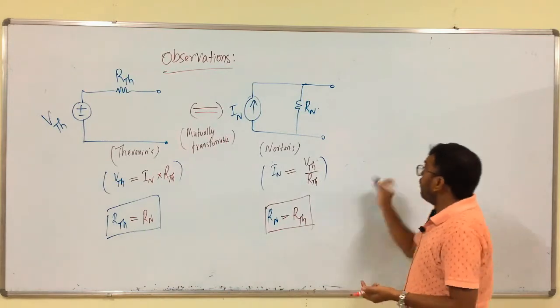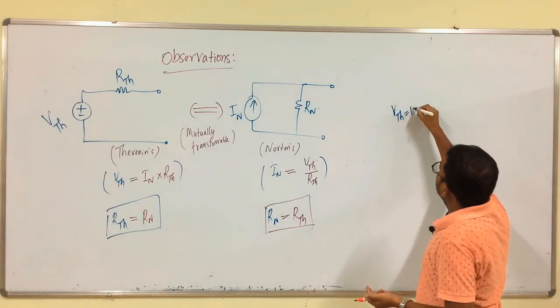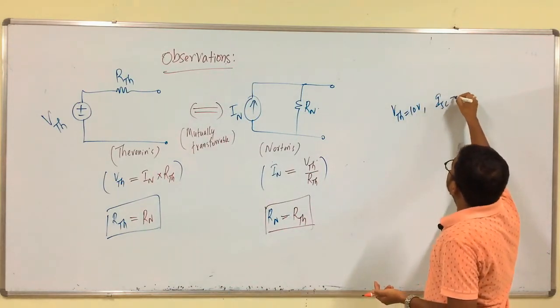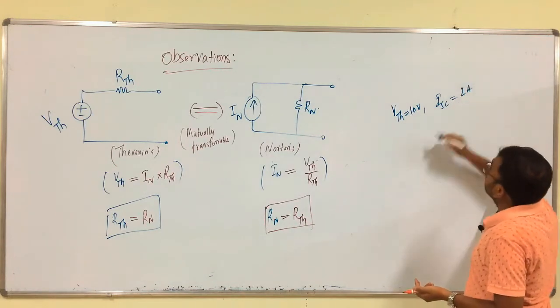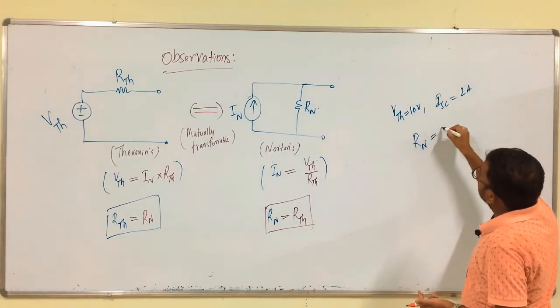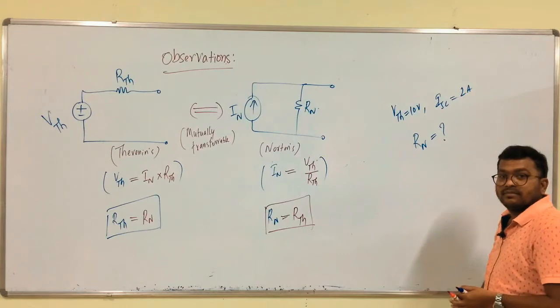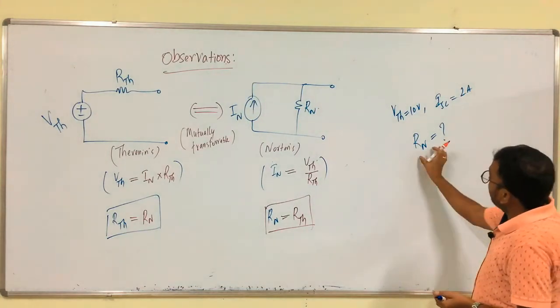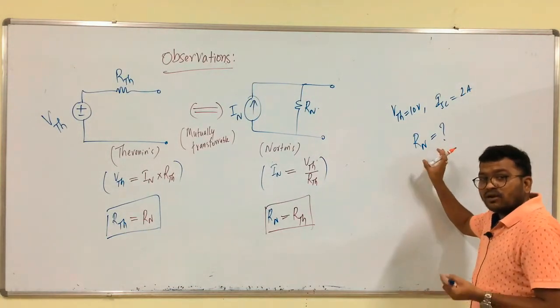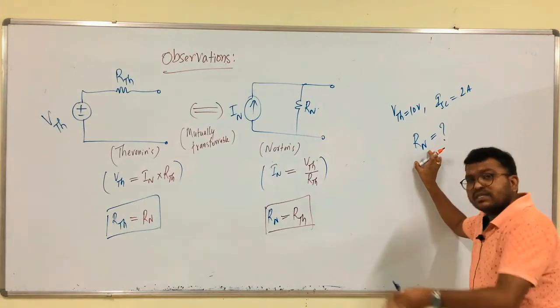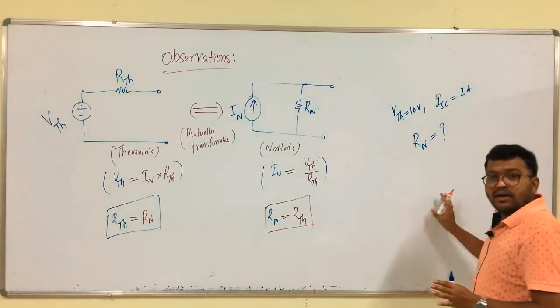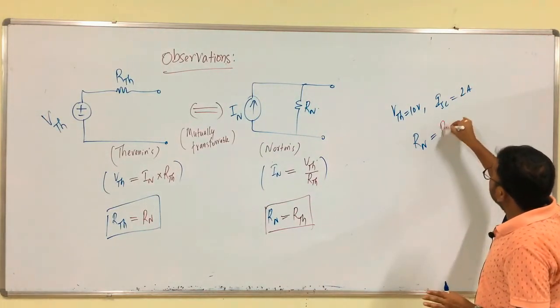For example, if you have VTH 10 volts and ISC, for example, 2 amps, then what is the value of Rn he wants to calculate? Means what? In Norton's theorem the Norton's resistance, or in Thevenin's theorem the Thevenin's resistance, both are equal, which equals RTH only, no?